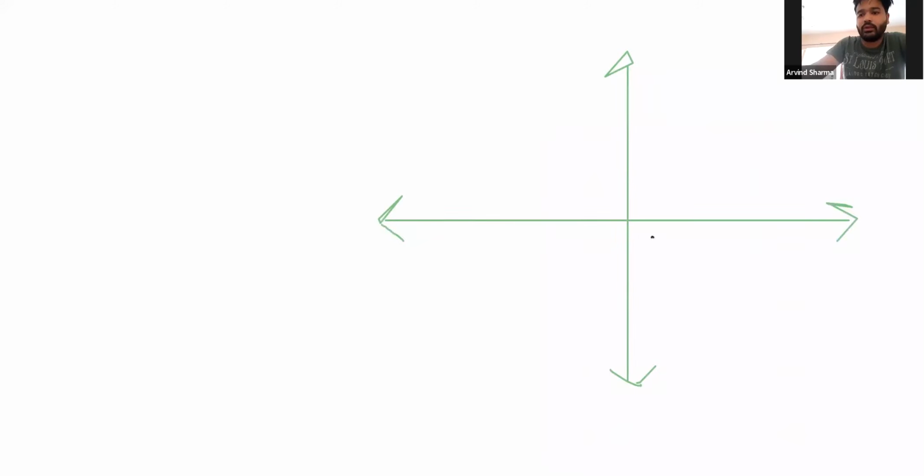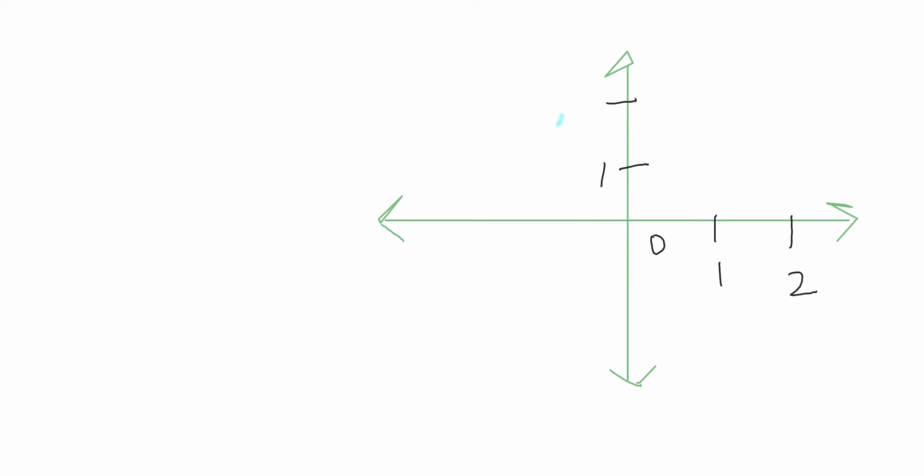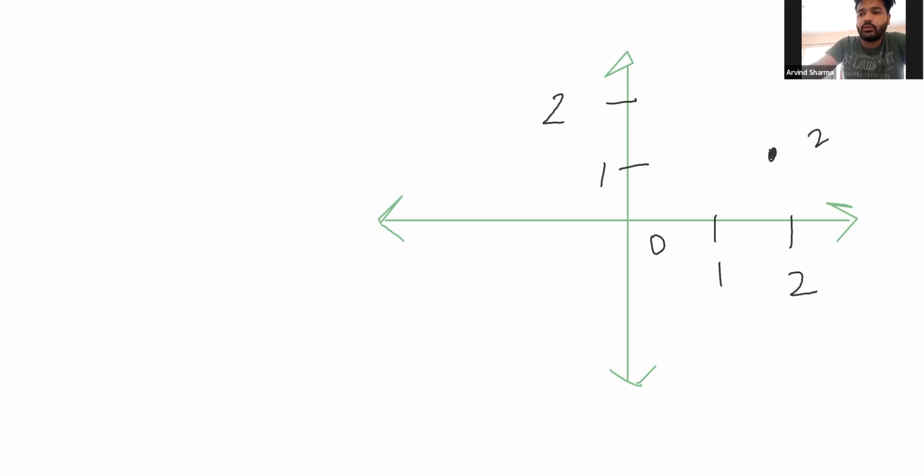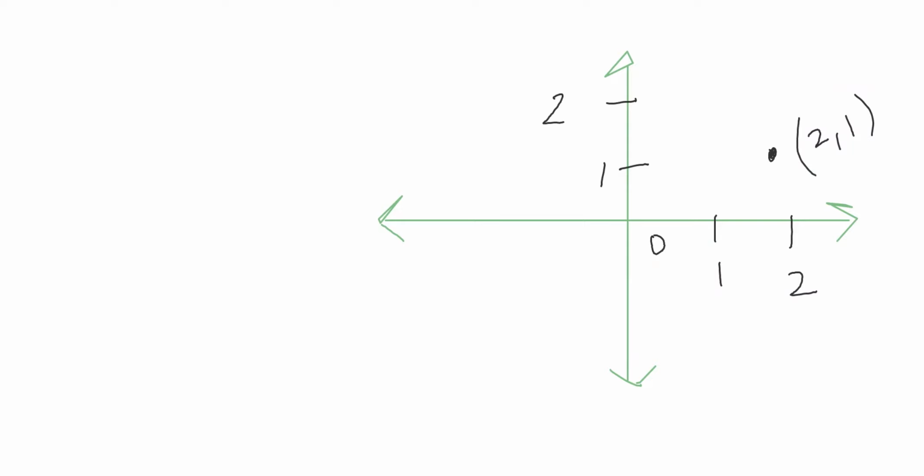We have an origin here, one and two here, and one and two here. Now take a point here as (2, 1). Are you familiar with how to write these points, and why I'm writing this (2, 1)? These are the coordinates. Basically this is the first quadrant, this is the value of x and this is the value of y.